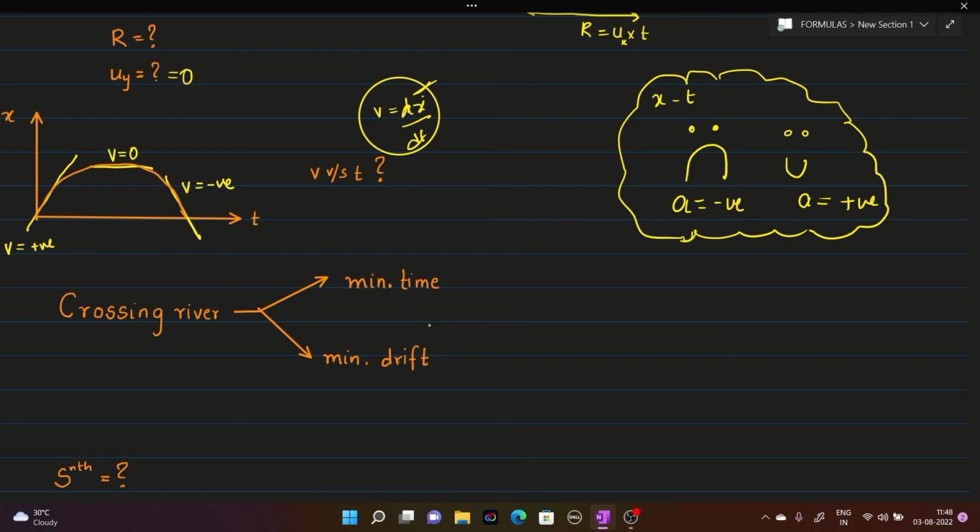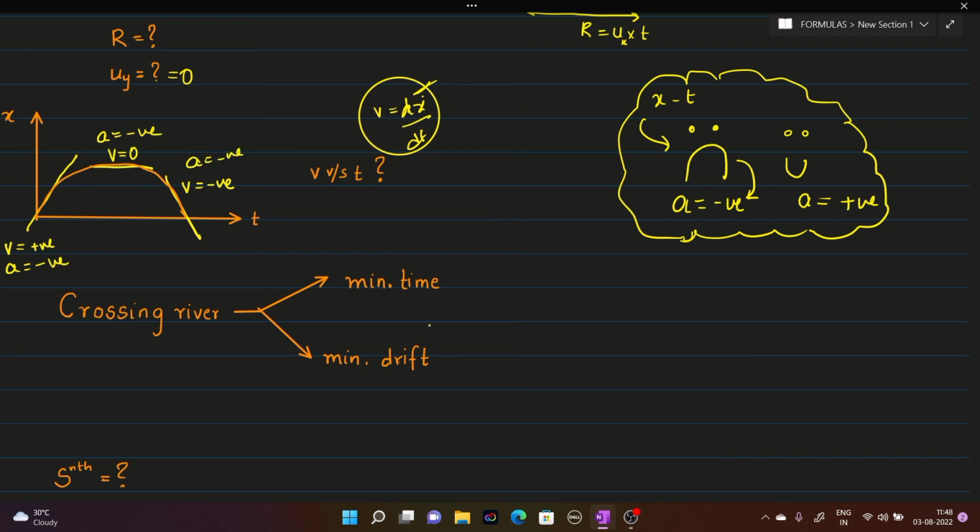Here the xt graph is downwards, so acceleration is negative. In this entire situation, acceleration is negative everywhere.